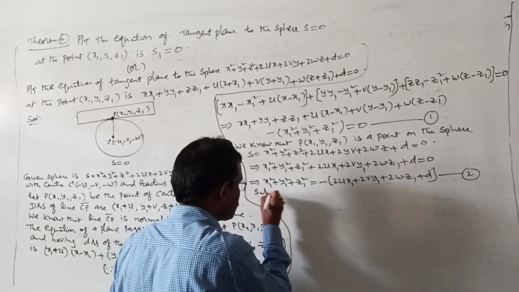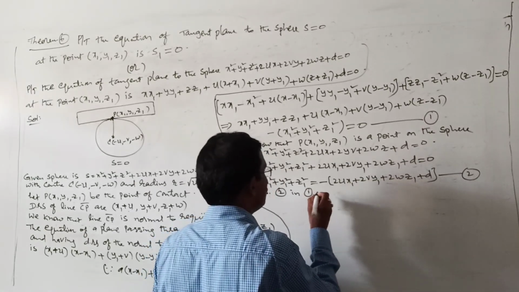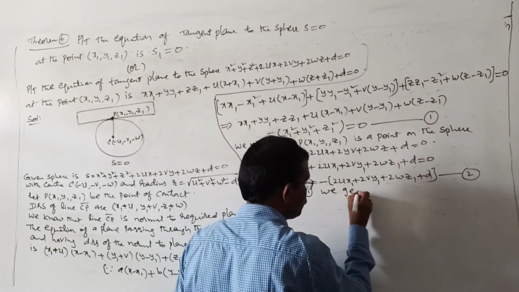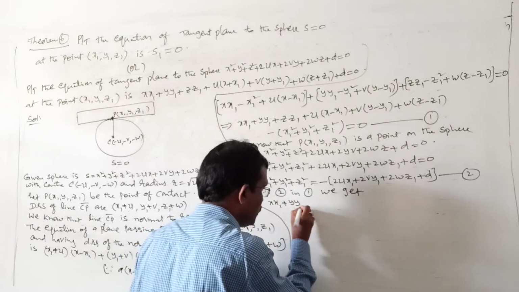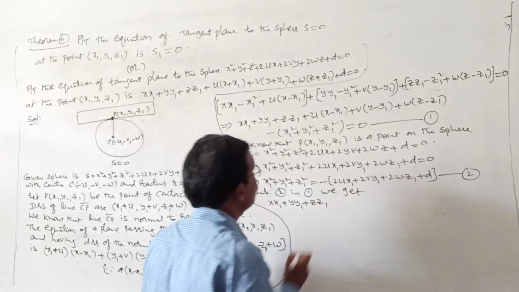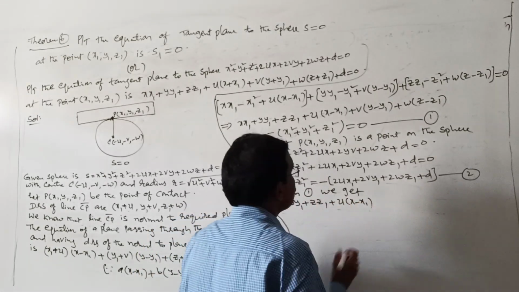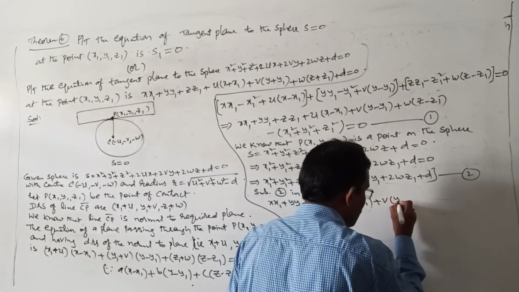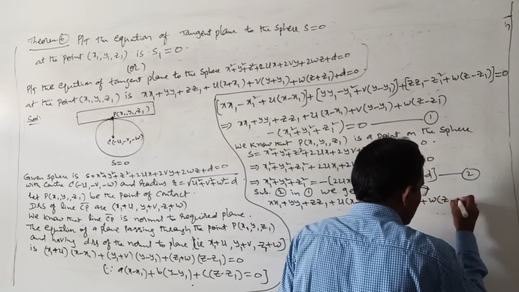Substituting equation 2 in equation 1, we get xx1 plus yy1 plus zz1 plus u into (x minus x1) plus v into (y minus y1) plus w into (z minus z1).